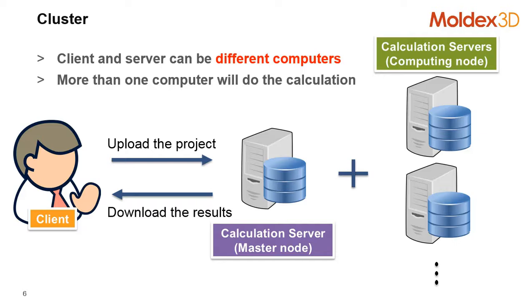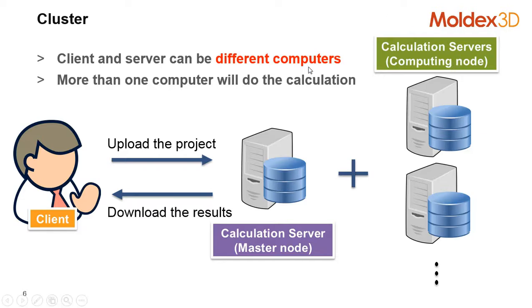The master node will separate all the jobs among the computing nodes, so all the computers together work on the same project and finish the calculation. The client can then download the result from all these computers. We have the cluster because some of our users are really heavy users, so they need the cluster mode to further improve the calculation speed.